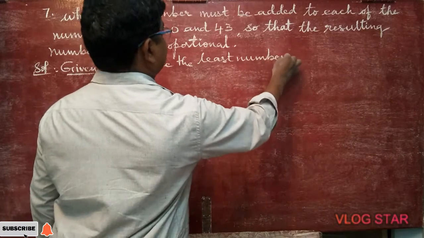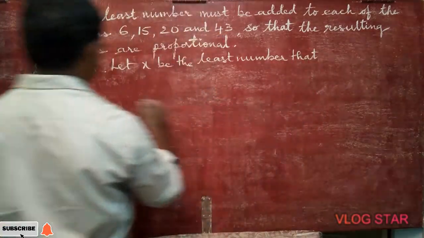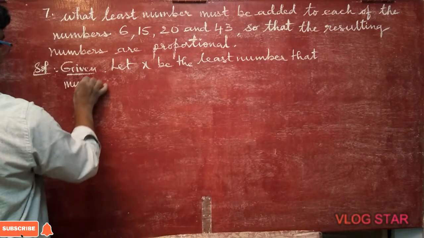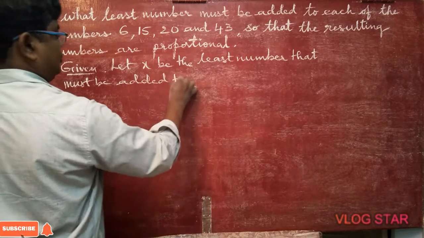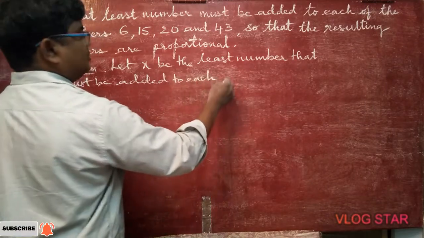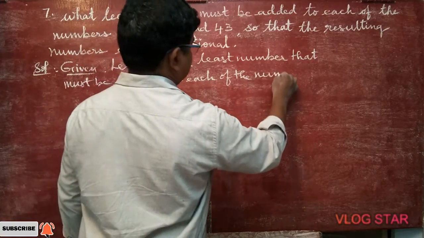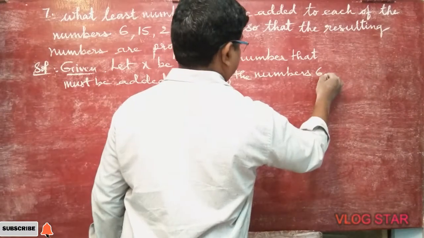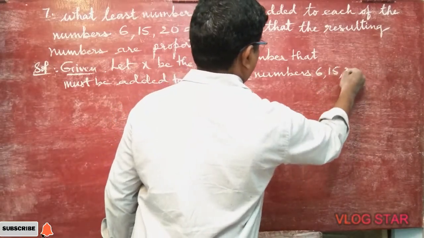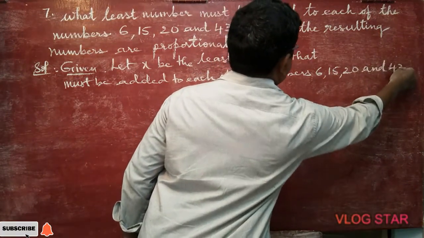Least number that must be added to each of the numbers. What are the numbers? 6, 15, 20 and 43.